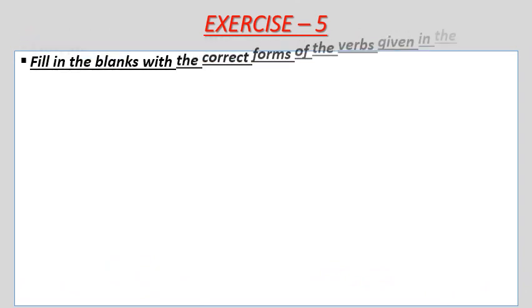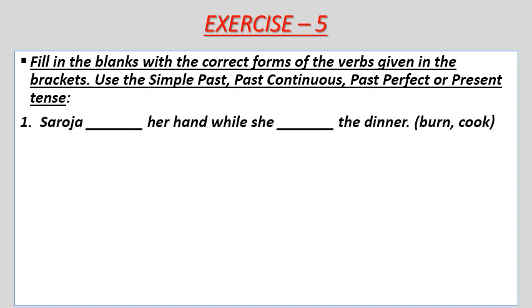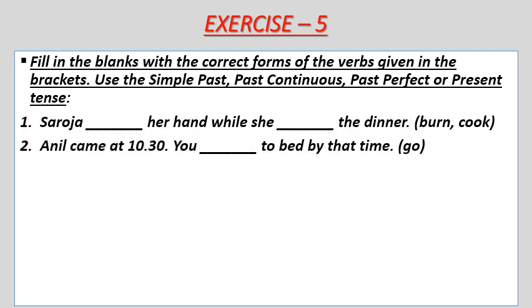Exercise number 5 is, fill in the blanks with the correct forms of the verbs given in the brackets. Use the simple past, past continuous, past perfect or present tense. Number 1. Saroja dash her hand while she dash the dinner. Number 2. Anil came at 10:30.